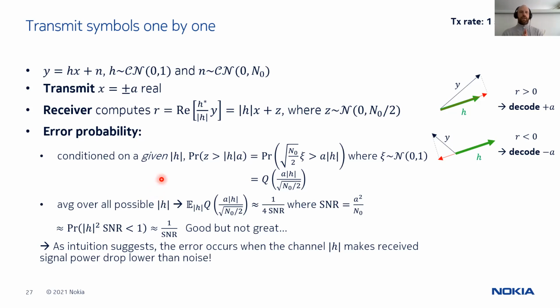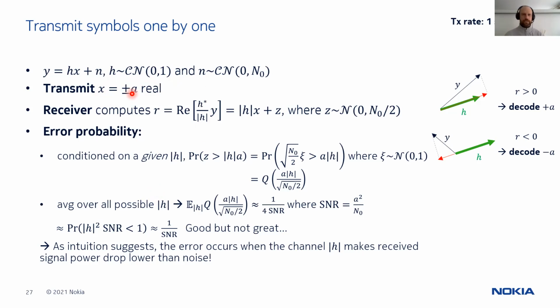So if you transmit symbols one by one, let's just simplify our life. Let's just think that symbols are plus or minus A, plus or minus 1, let's say. So they're not complex, they're real.